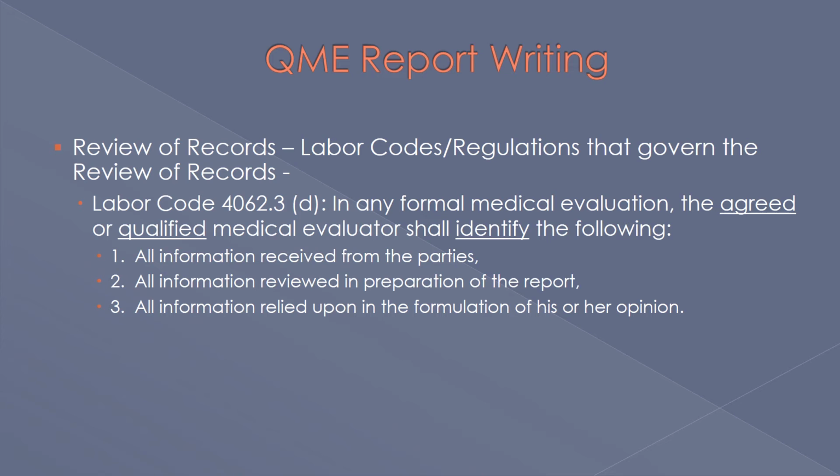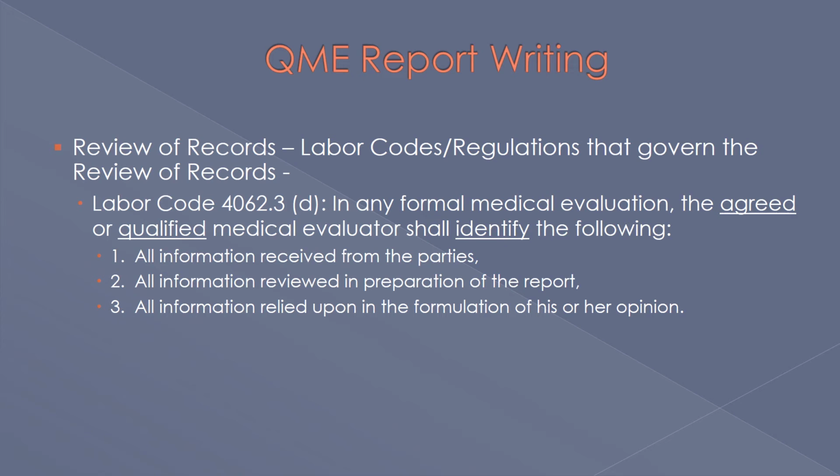So let's begin with Labor Code 4062.3(d). It says, in any formal medical evaluation, the agreed or qualified medical evaluator shall identify, now this is a key phrase, shall identify, and I'll show you how we identify the information.